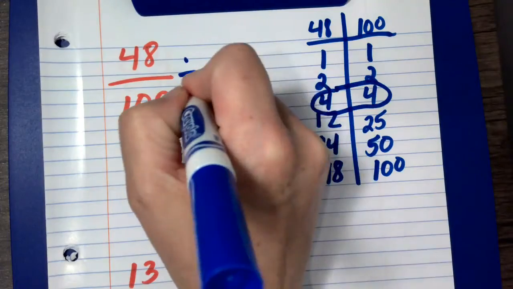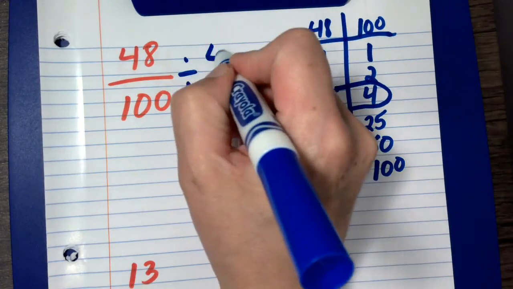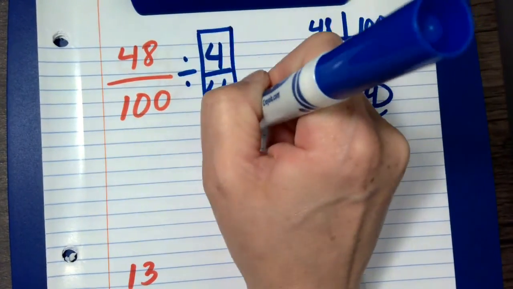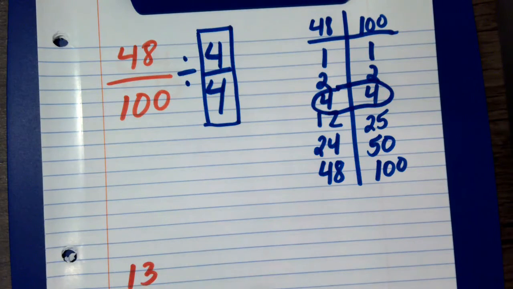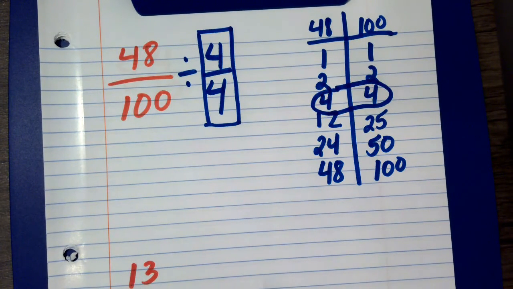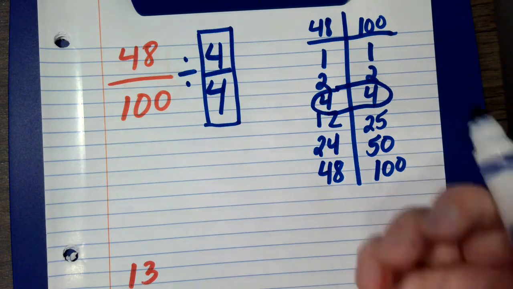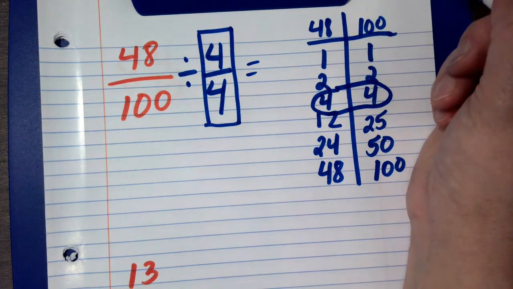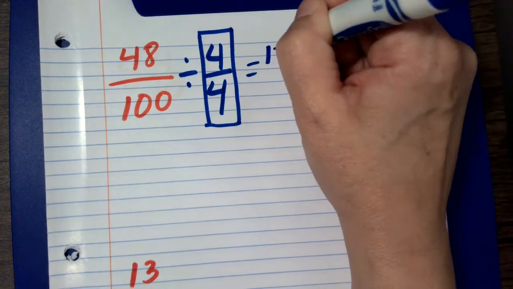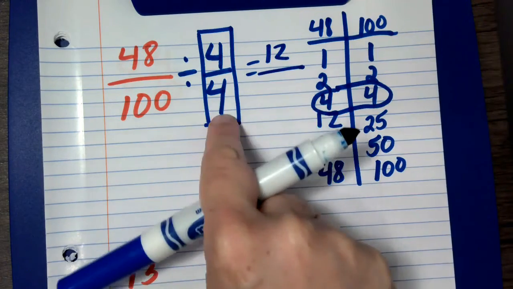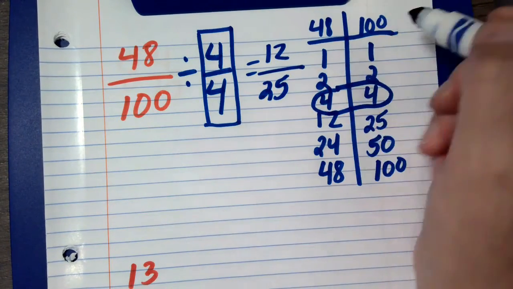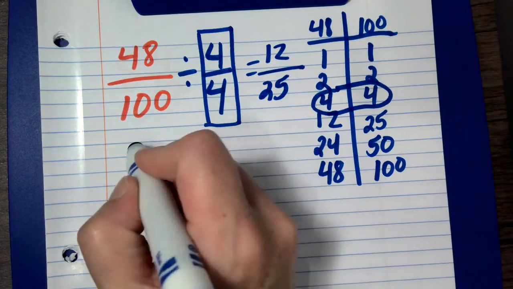So again, I'm going to divide by 4/4, which is the same thing as dividing by 1, as I want to reduce the fraction, but I also want to keep it equivalent. So 48 divided by 4 is going to give me 12, and 100 divided by 4 is going to give me 25. Now, I'm going to look at 12 25ths.